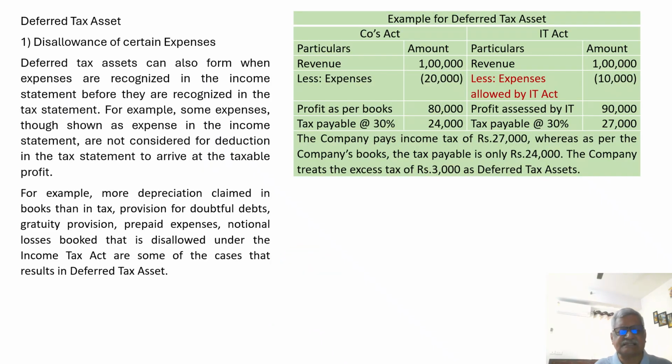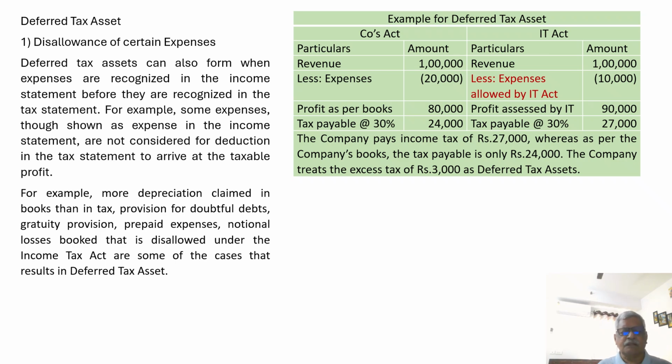Now let us understand deferred tax asset further. Disallowance of certain expenses. Deferred tax assets can also form when expenses are recognized in the income statement before they are recognized in the tax statement. For example, some expenses, though shown as expense in the income statement, are not considered for deduction in the tax statement to arrive at the taxable profit.